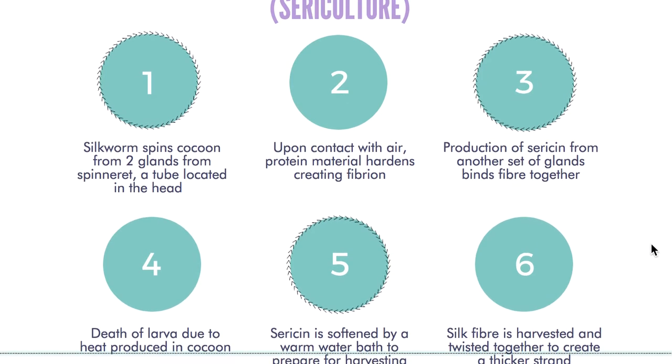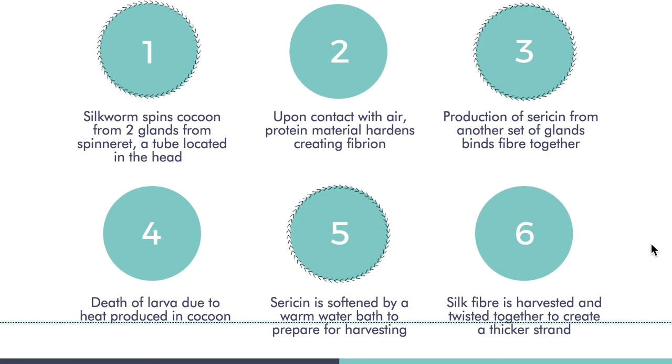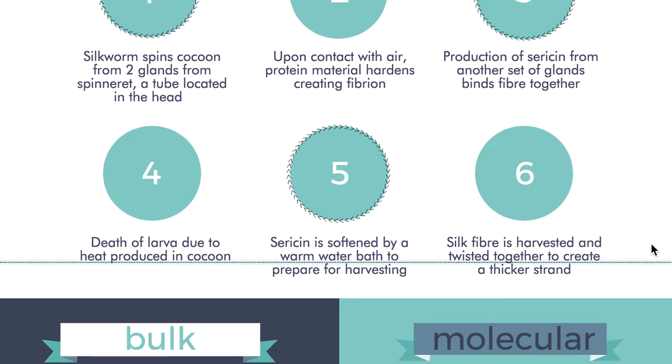In stage number three, a production of sericin from another set of glands binds these fibers together that were initially created from the spinneret, but it doesn't weave them together completely. In step number four, the death of the larva is due to the heat produced in the cocoon, and it makes it easier when it comes time to harvest.